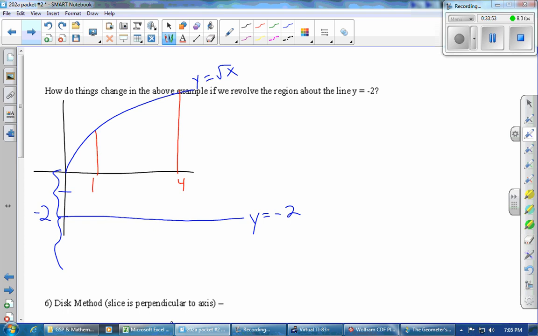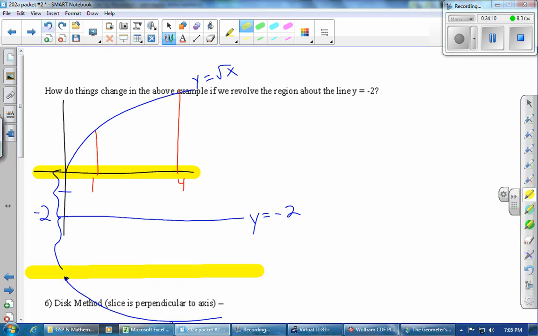So my new picture actually, I think, is going to start down here and then go that way. So let's see, the old x-axis is now going to be down here at y equals -4.